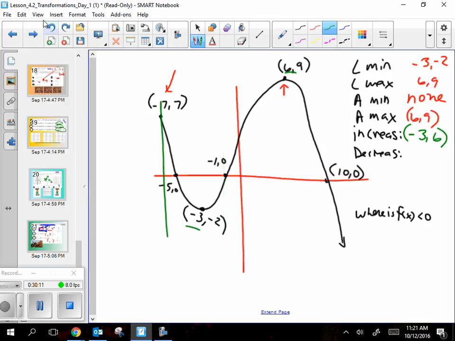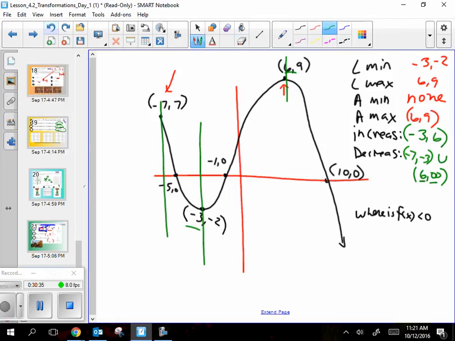Oh, I'm wrong. To there. That would be from -7 to -3. Union with another place it was decreasing, which is from 6 to infinity. Not negative infinity. These are x values. That's y goes towards negative infinity, but x, these are x values, goes to infinity.